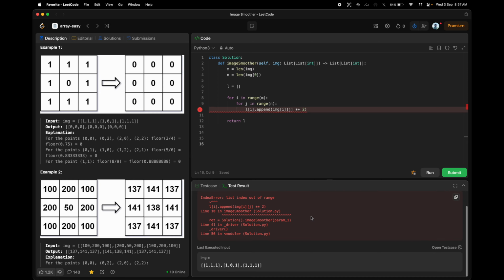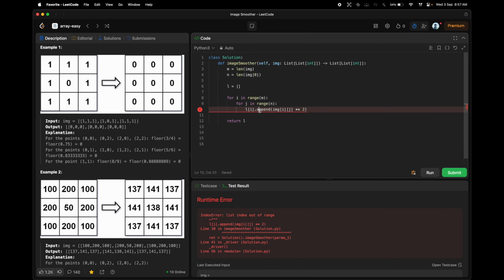No, l of i, l dot, okay, but how, man? What's the second one? What's the problem?